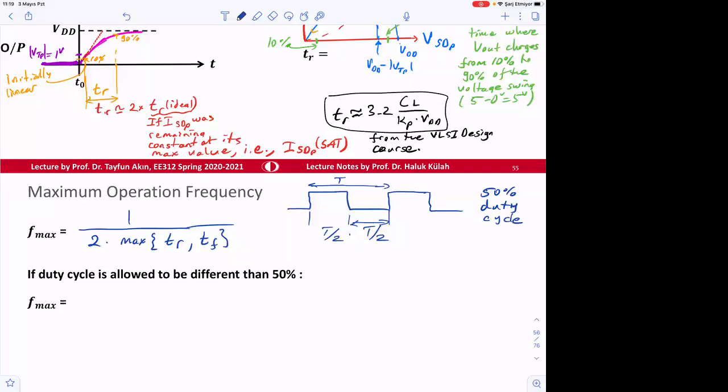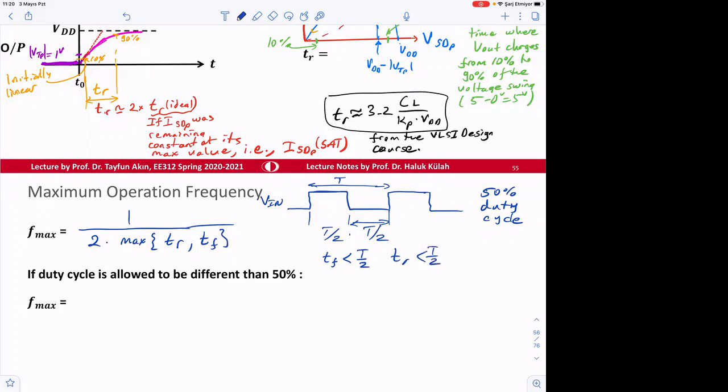If that's the case, then here we have T fall, if this is Vn. T fall should be less than T divided by 2, and T rise should be less than T divided by 2.